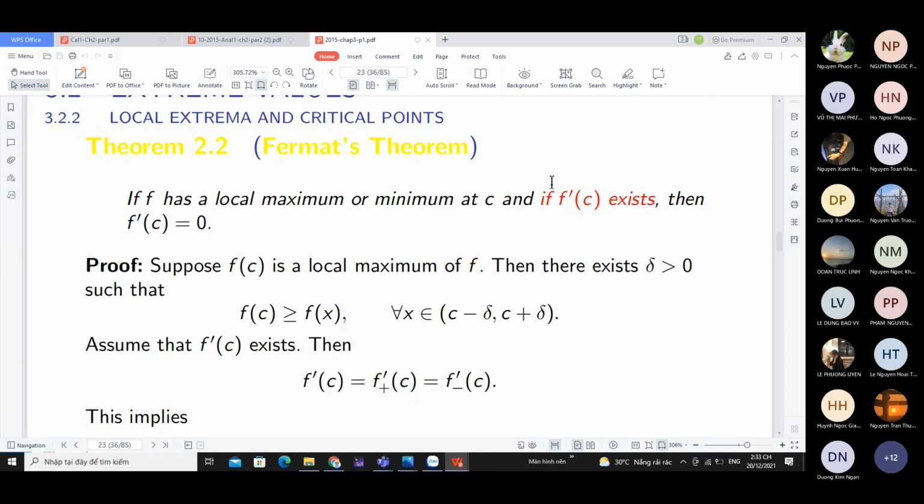All right, let me remind you again. By the Fermat theorem, here and later on, when we find the maximum value or minimum value of a given function f, we pay our attention to numbers c at which either f prime of c does not exist or f prime of c exists and equals 0.